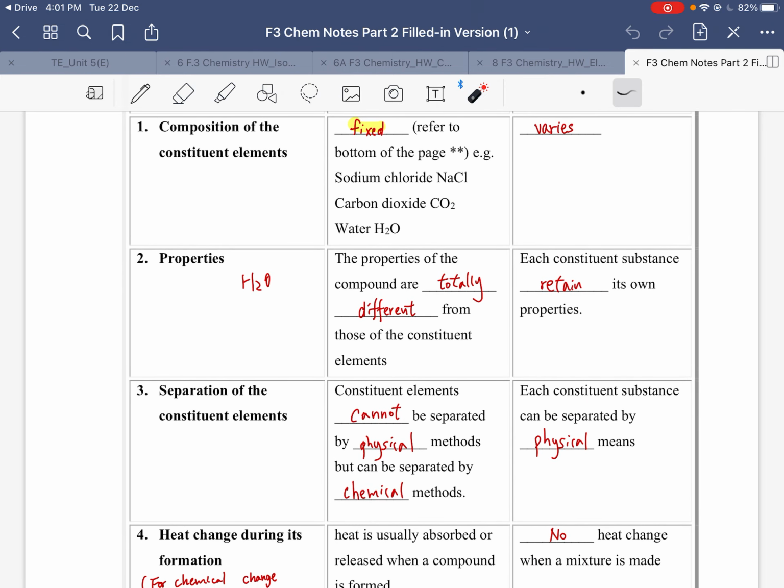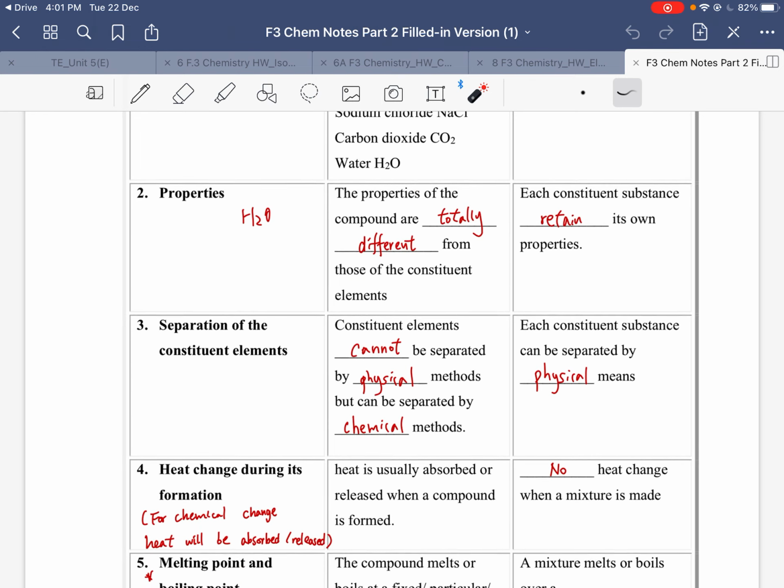Just like sulphur and iron, when they are just mixed together and you use the magnet, only the iron powder will be attracted. For separation, a compound can be separated by chemical methods but not physical methods. A mixture can only be separated by physical methods.